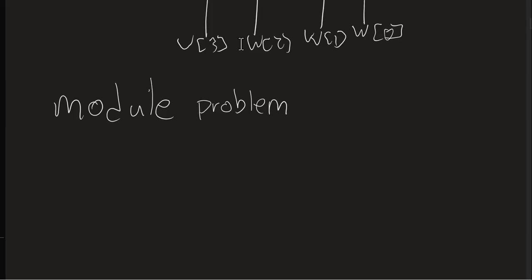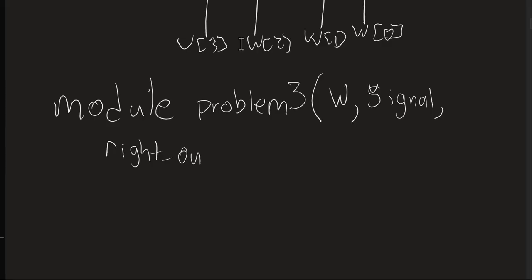So module problem 3, and our inputs are W, signal, right out, left in, and we said that Q was an output, so I'll put that here.